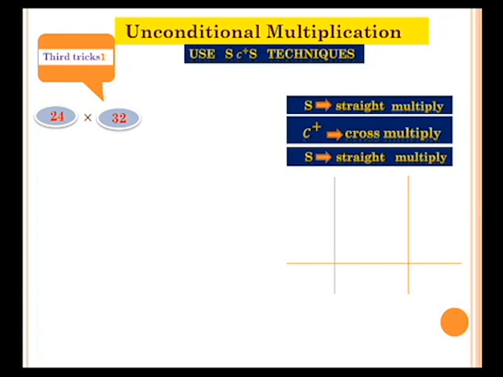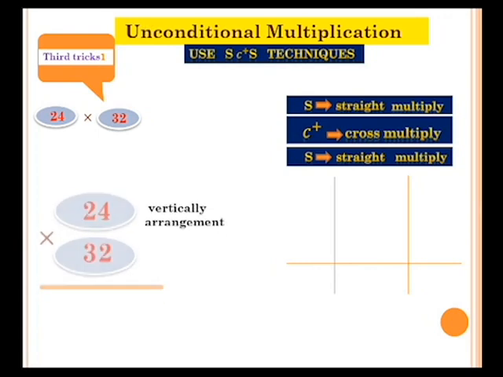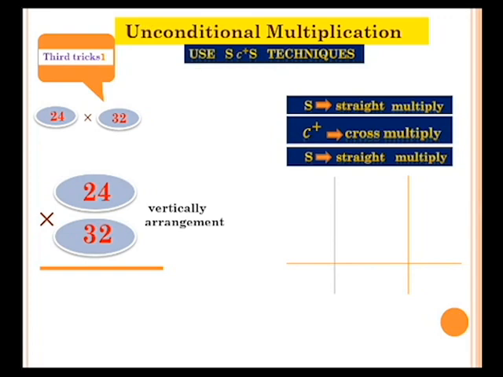Take the product of 24 and 32, and arrange it vertically, in this way, 24 multiplied by 32. Now take the straight multiply first. 4 into 2, we get 8, and take the straight multiply of 2 and 3, we get 6.